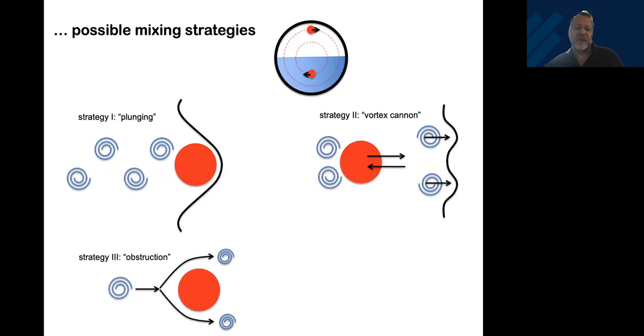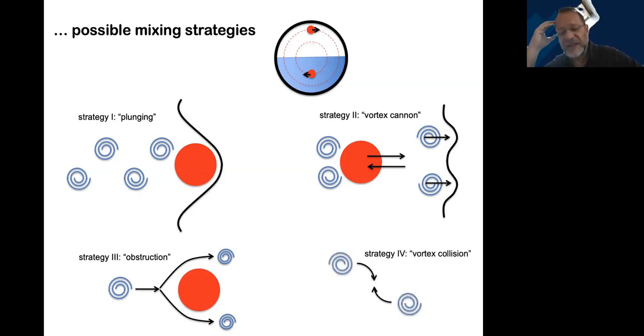Another one is obstruction. Once I have seeded a lot of vortices in my flow field, I can actually put the stirrer in the path of a vortex and have that vortex split on it. So that would be the obstruction strategy. We'll actually see all of them in a second.